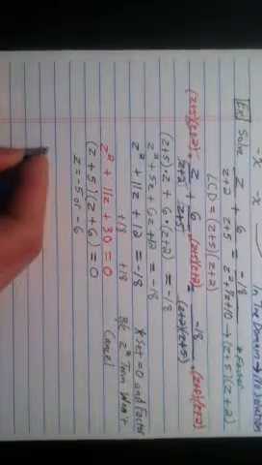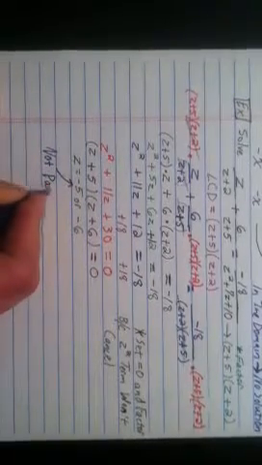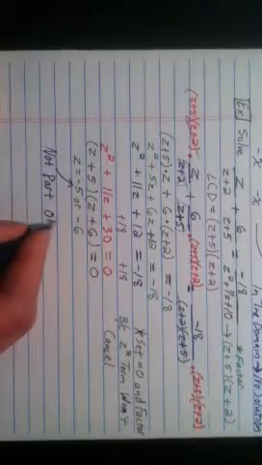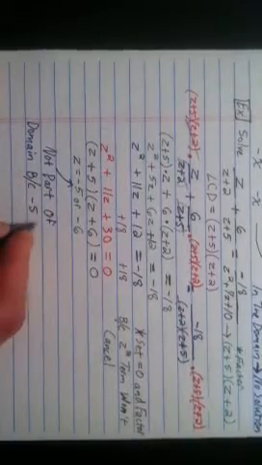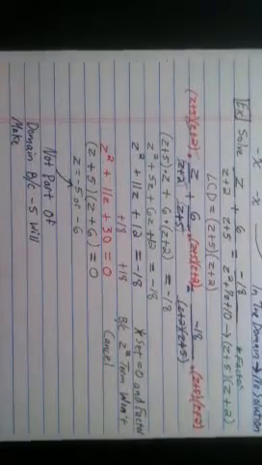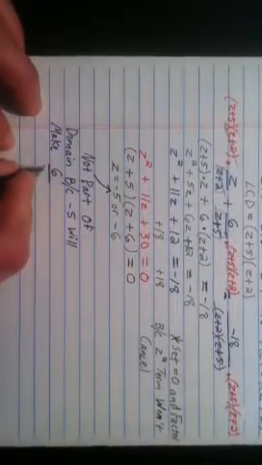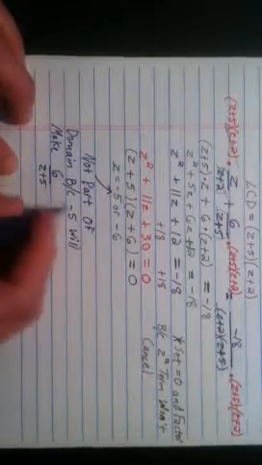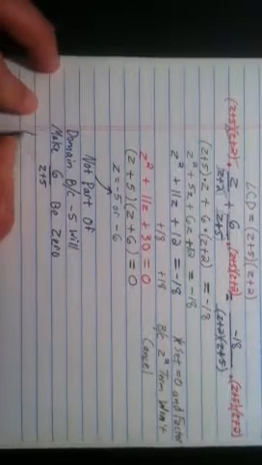So we want to write that negative 5 is not part of the domain, because negative 5 will make the 6 over z plus 5 expression have 0 in the denominator.